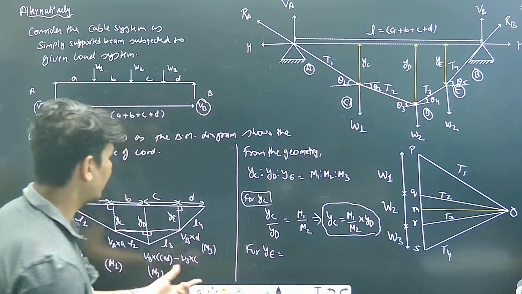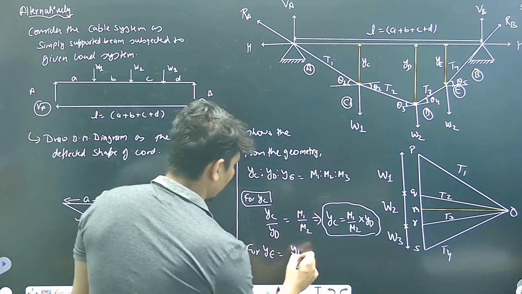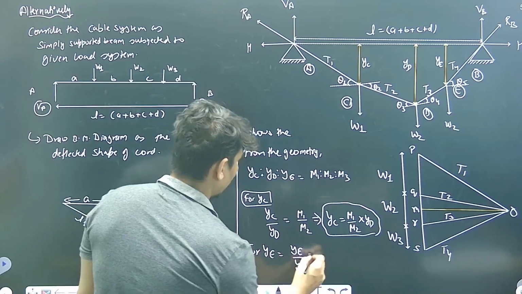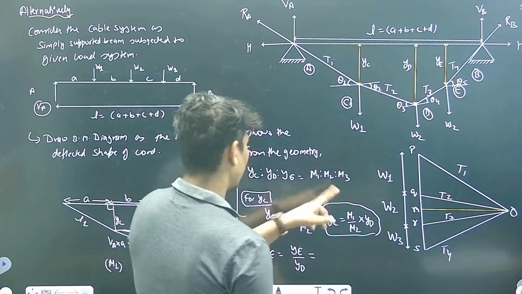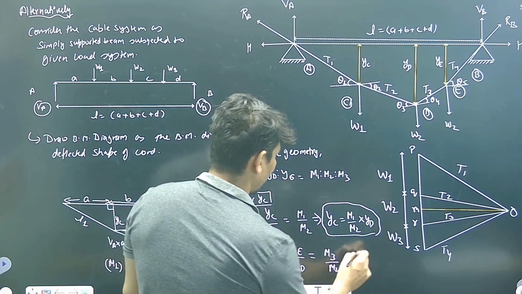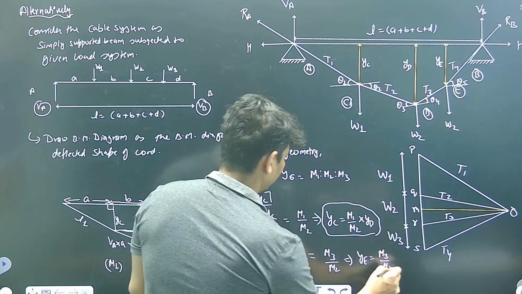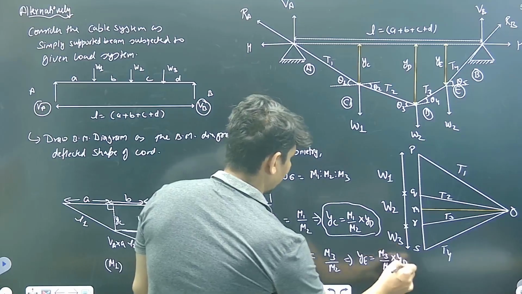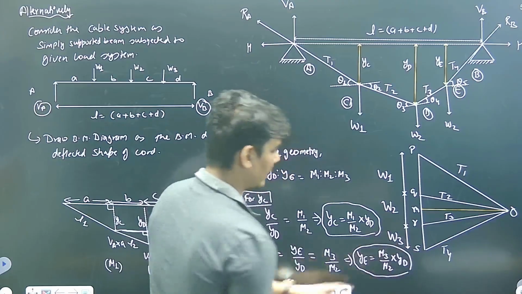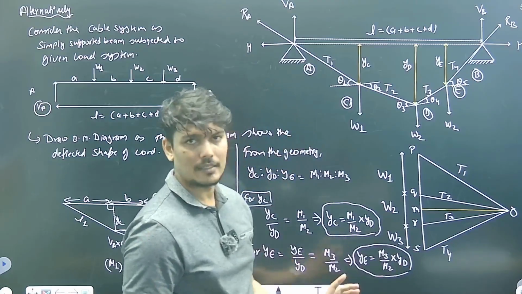How will YE be calculated? Write the ratio YE by YD equal to the corresponding M3 to M2 ratio. From here, YE can be calculated as M3 by M2 into YD. In this expression again, M3 is known to us, M2 is also known to us, YD is also known.